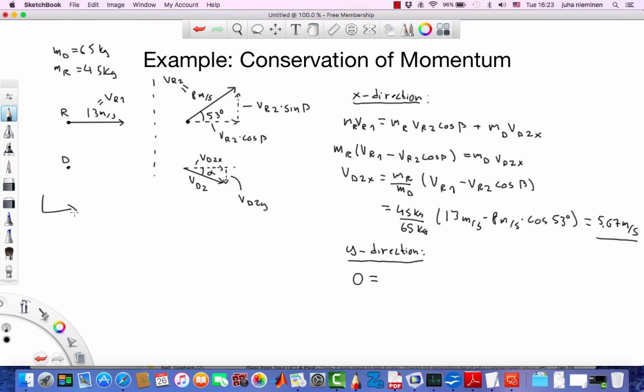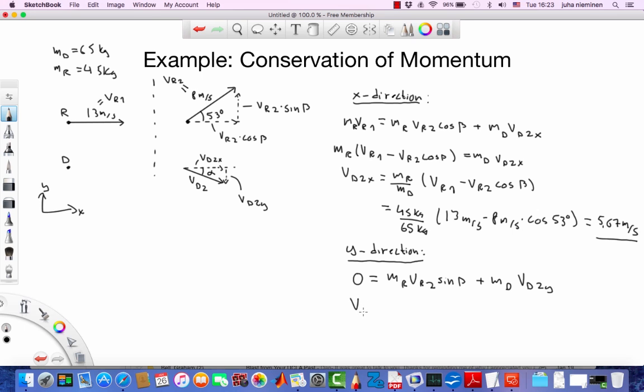Our coordinate axes are like this, x and y. So mass of Rebecca times her velocity VR2 times sine beta in the y direction, and then we have whatever is Daniel's momentum. We don't know the direction, so we just add it. So mass of Daniel and his velocity in the y direction.